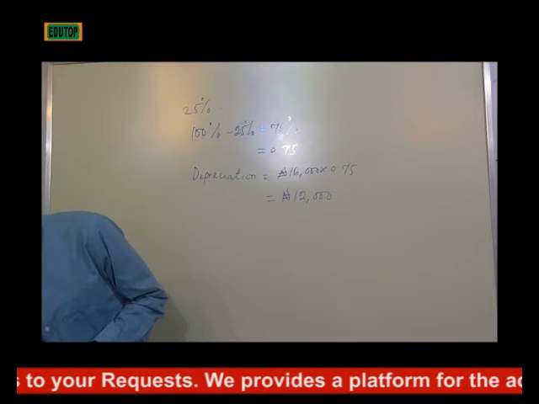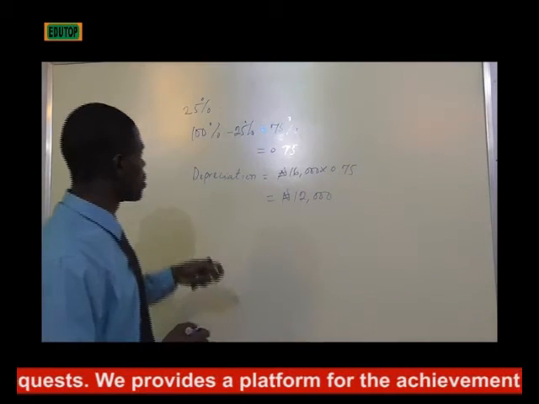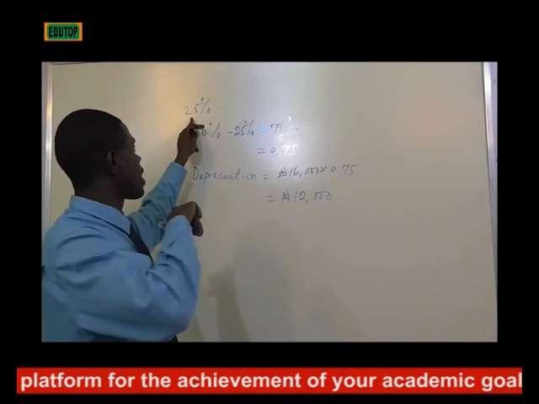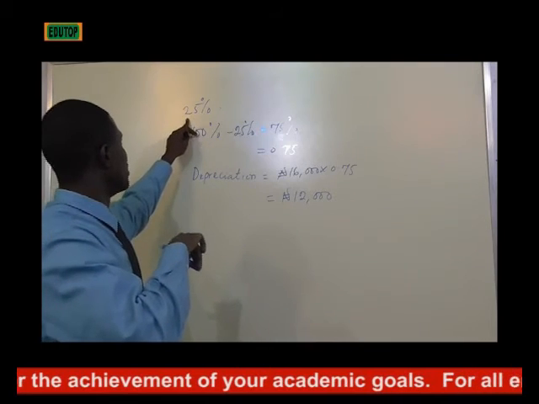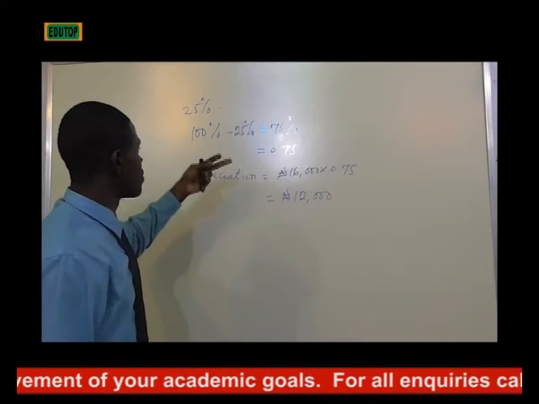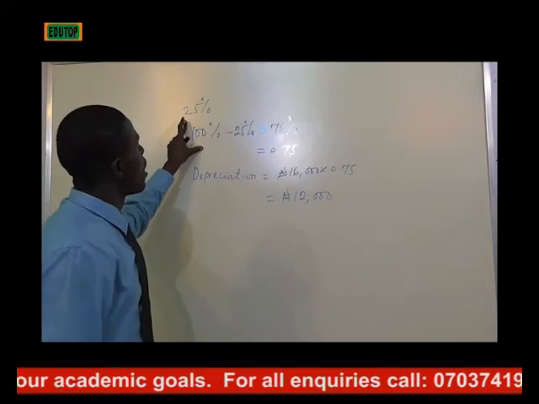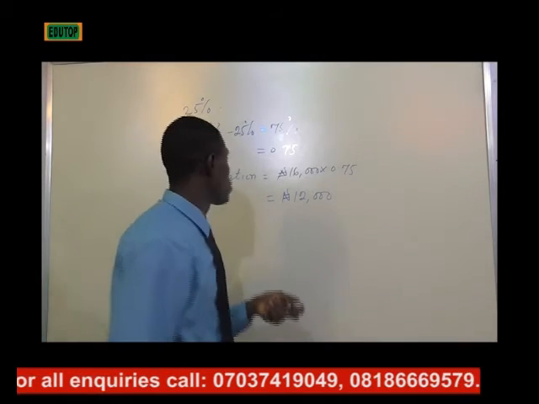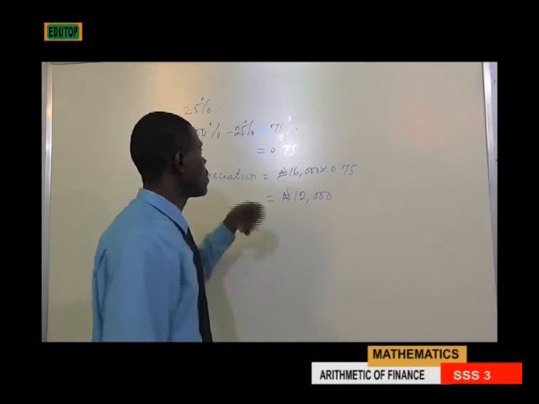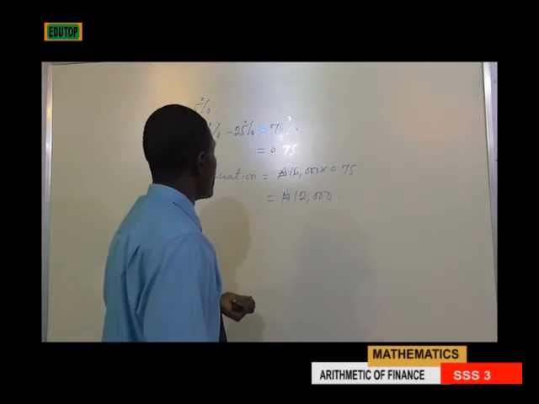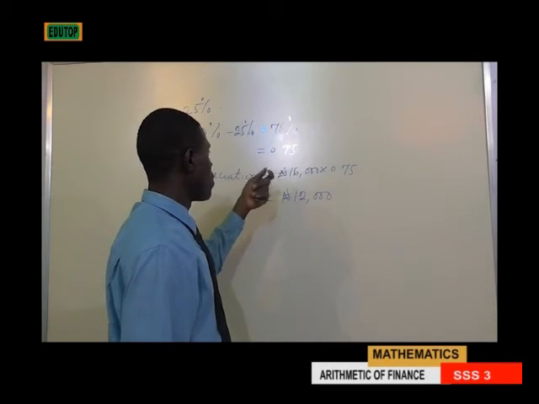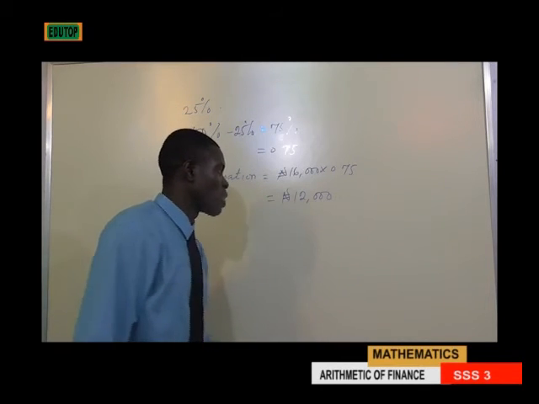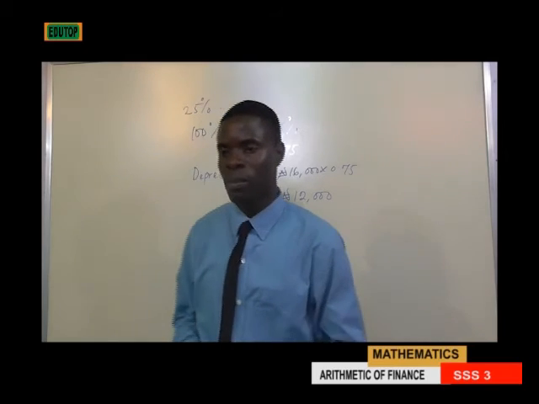So it should be noted that the depreciation value of that will definitely be 12,000, since we are given the depreciation percentage to be 25%, and since the normal value for goods or any commodity is 100%, then 25% from 100% gives 75%, and 75% is 0.75. So depreciation there is 16,000 multiplied by 0.75, and that gives us 12,000.